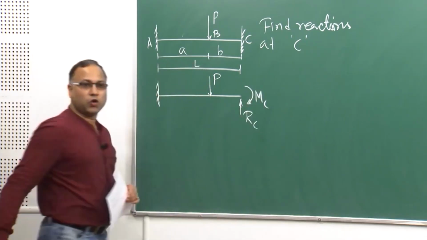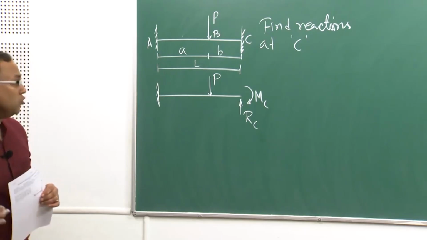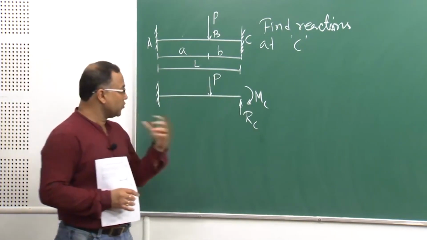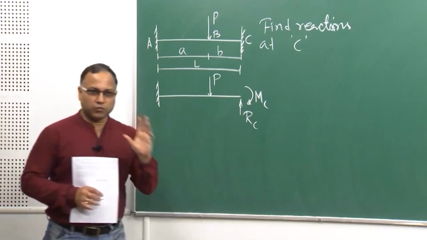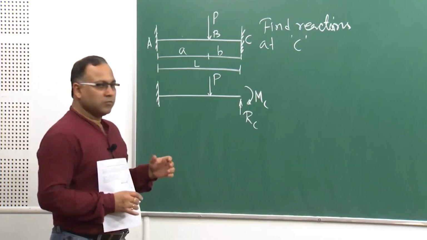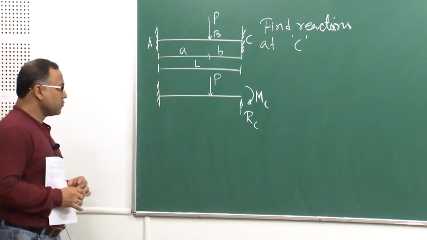These two are unknown, but as we know from our support condition, a fixed support will provide one force as well as one moment, as we know from our earlier discussion.